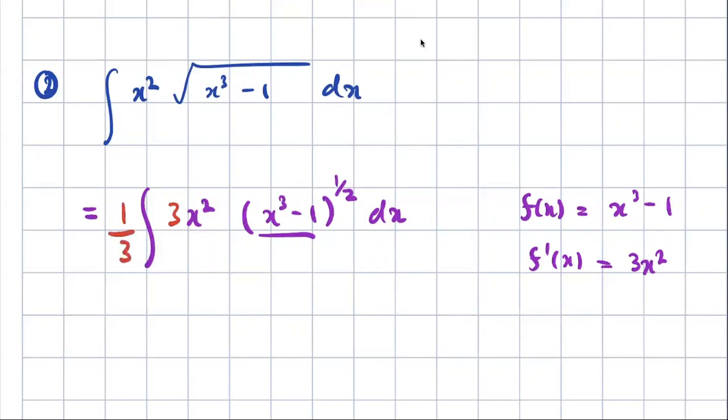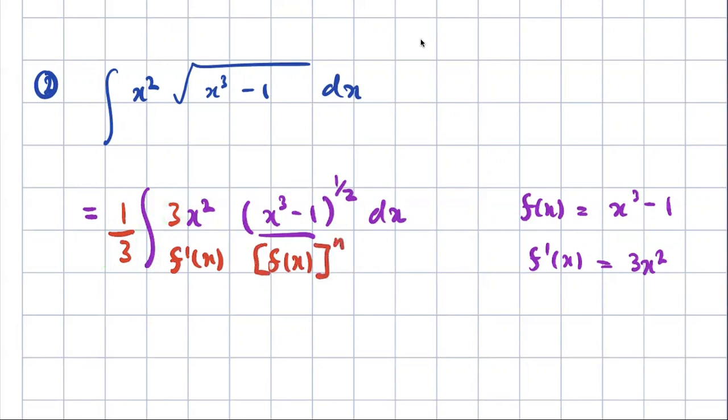So I divide by a third there, and this 3 and this 1/3 cancel each other out. All we're doing is getting it in that form of f dash of x, the derivative of the inside of the bracket, multiplied by some function to the power of n.